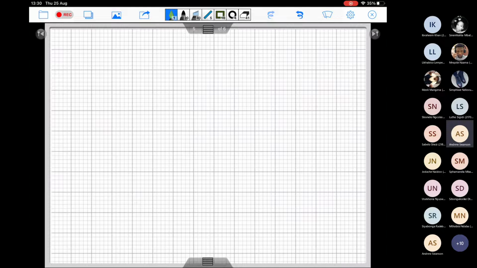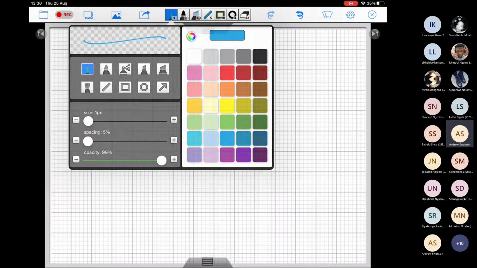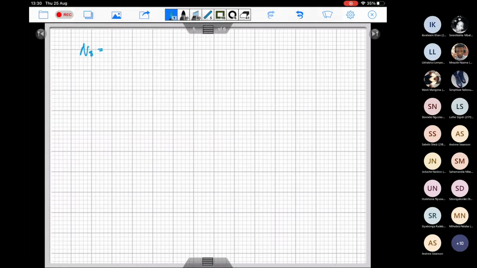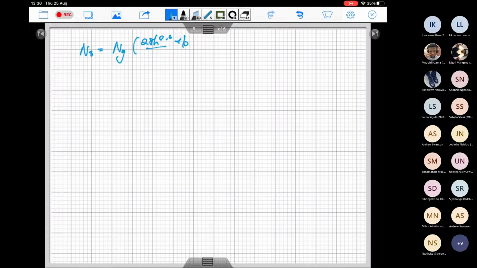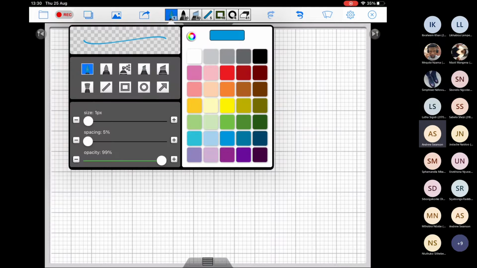Right, let's look at equation 4. Let's write down the equation first. Right, so I'm just going to draw what we've seen before.